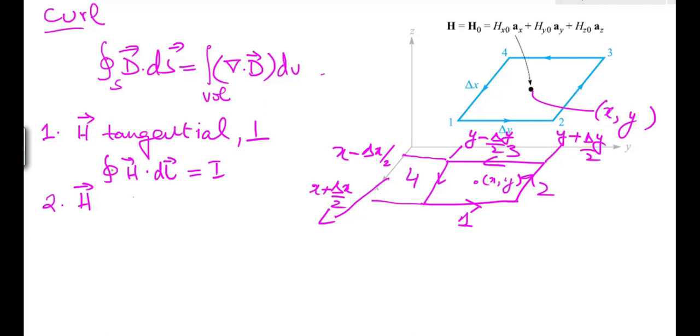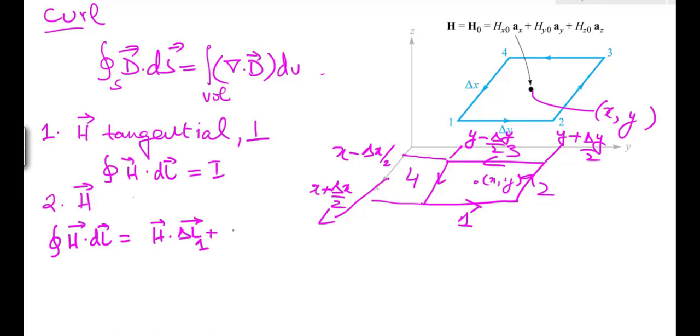Now apply this Ampere Circuit Law to this perimeter. How do we do this? We say that this closed line integral will be equal to the integral of the first path, that is the dot product of the magnetic field intensity and delta L1.